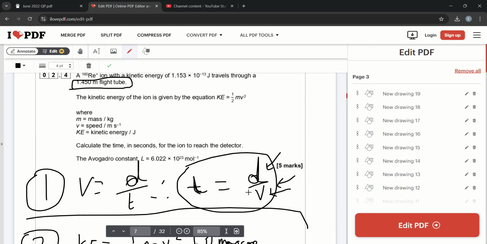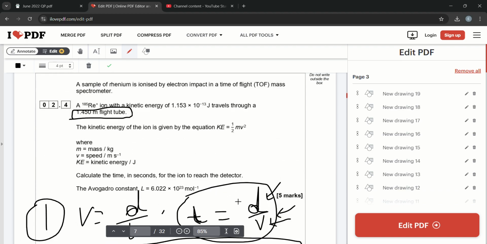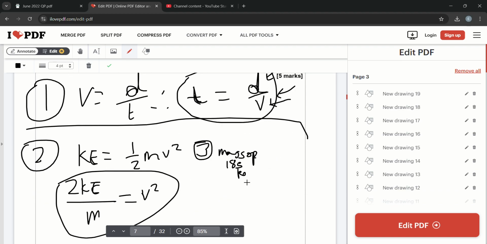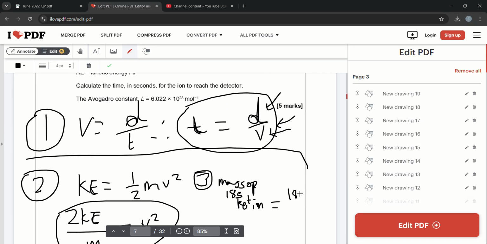Mass of 185 Re plus iron. Well, it's going to be 185, and because for time of flight mass spectrometry we want the mass in kilograms, it's going to be 185 divided by 1000 divided by L, which is Avogadro's constant.